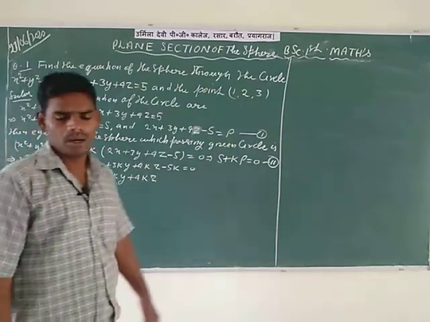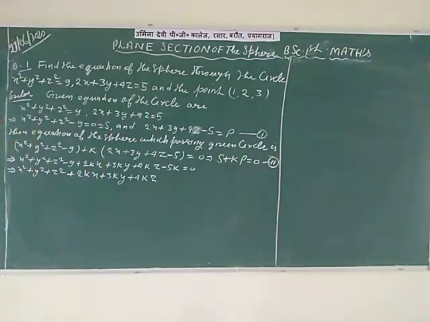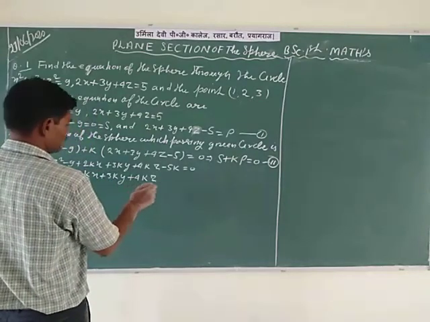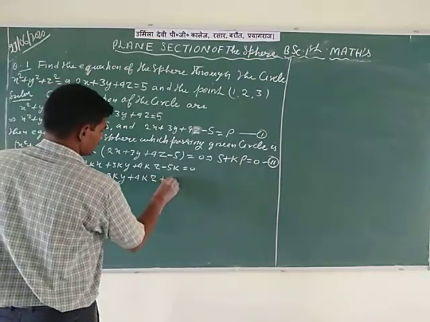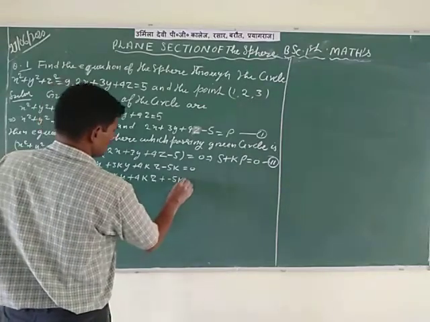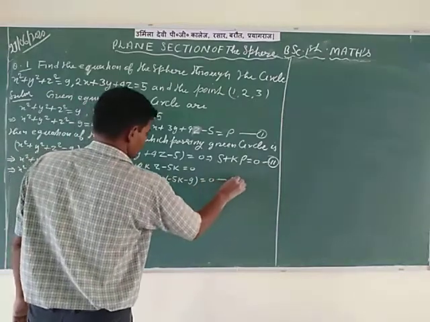You know that from article first: x square, y square, z square plus 2kx plus 3ky plus 4kz. After that, the numerical value is minus 5k and minus 9, written in the bracket, is equal to 0, represented by equation third.